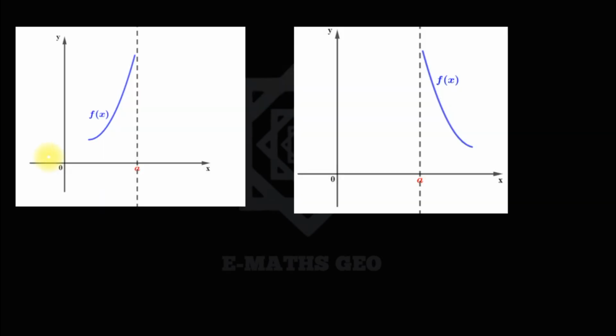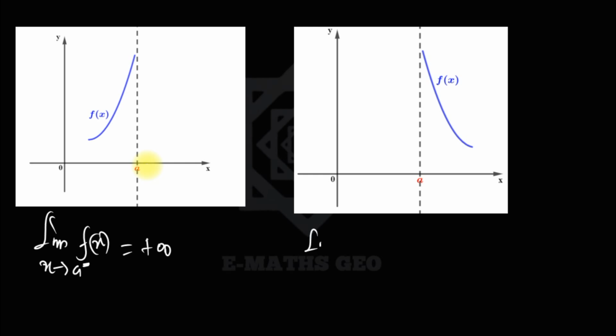The first one is the left-hand limit. The limit of f of x as x tends to a from the left is equal to, as you can see, increasing without bound, so it's positive infinity.